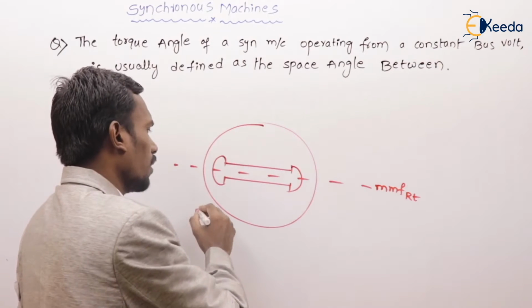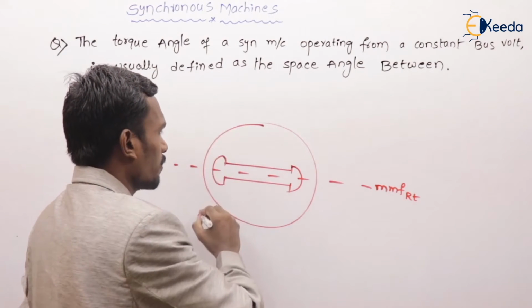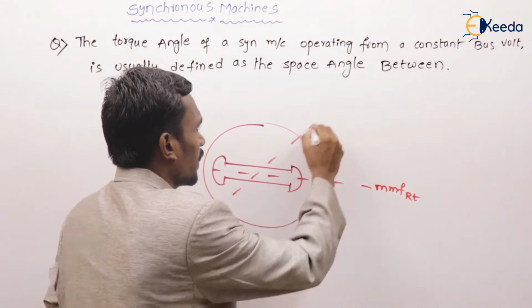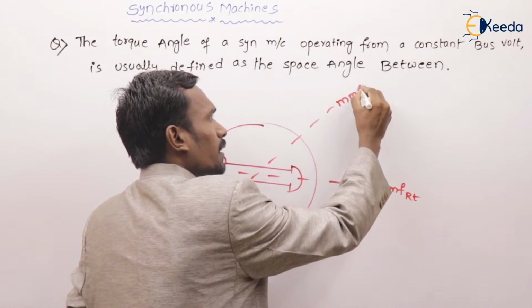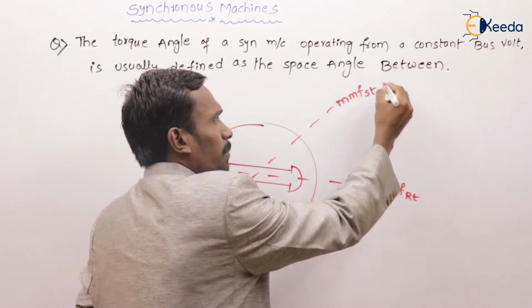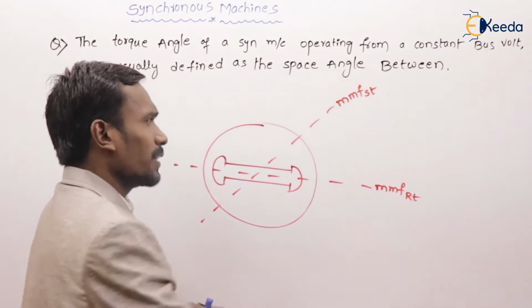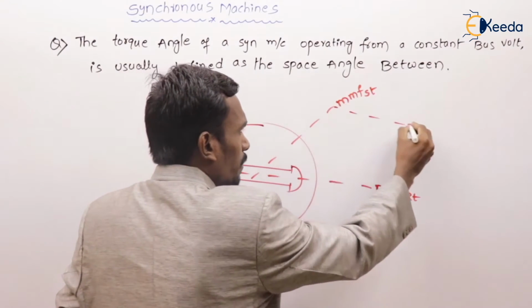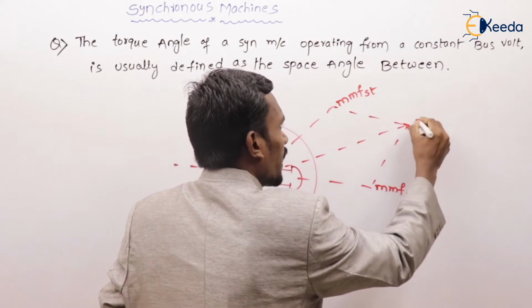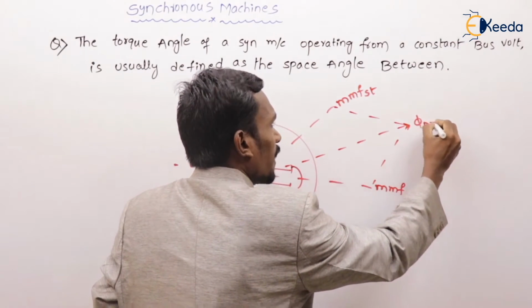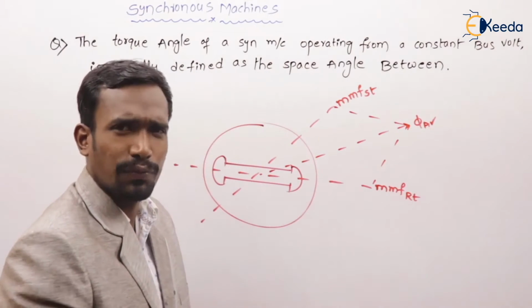And for example, here, this is my stator MMF. The resultant of stator MMF and rotor MMF is generally taken as the air gap flux or resultant flux.